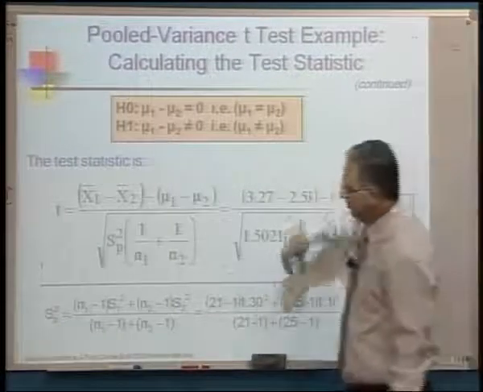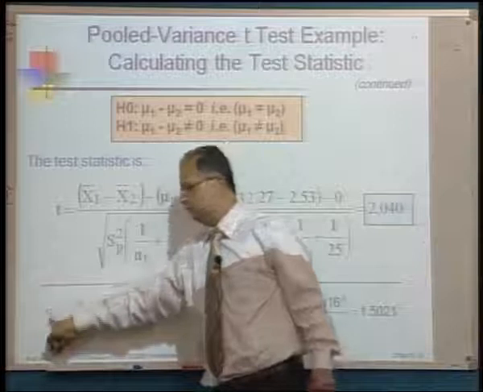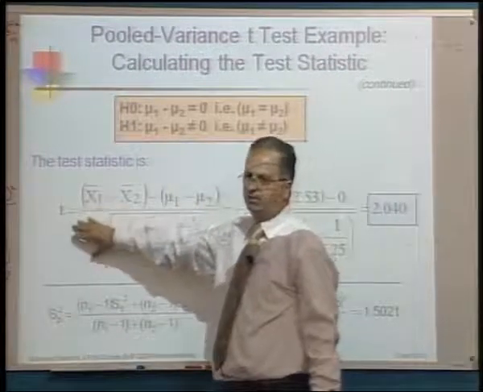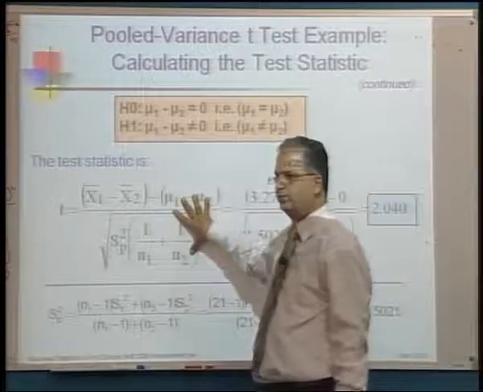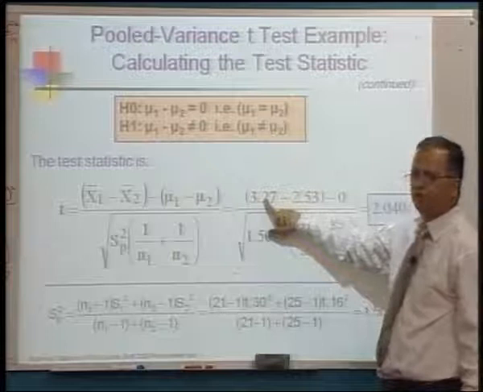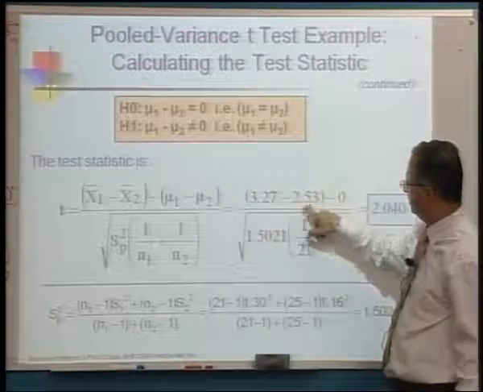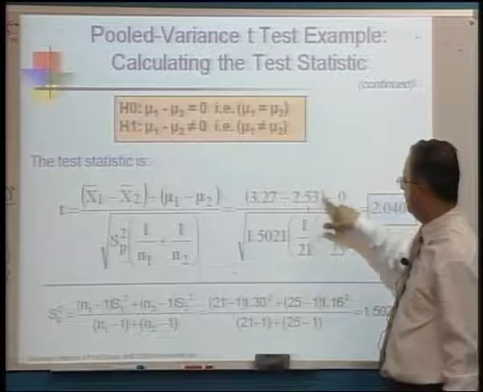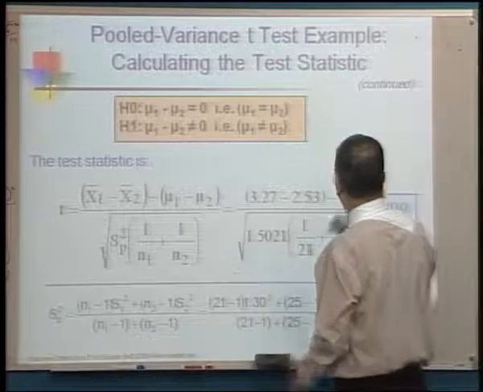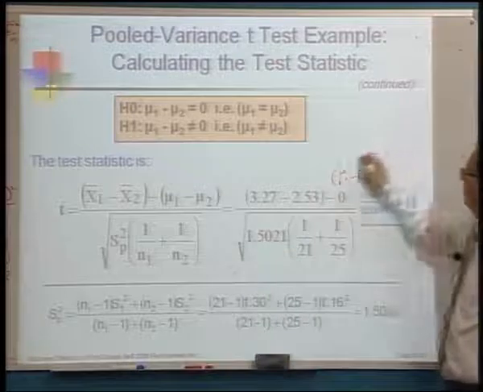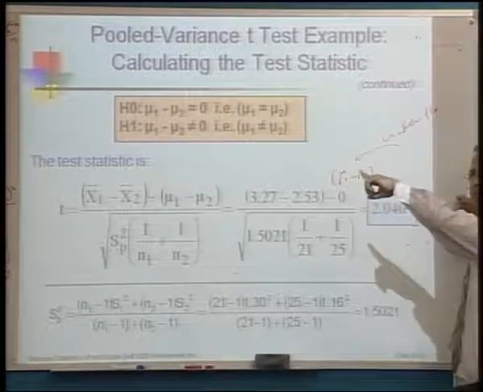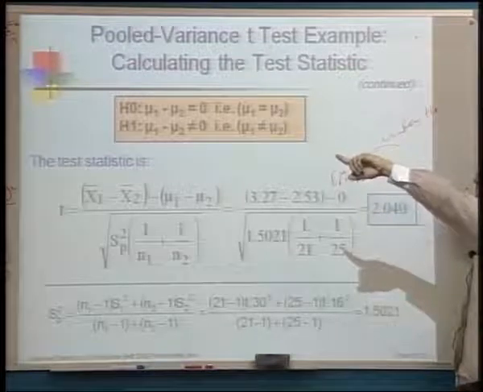Now, after computing s square p, easily you can compute the value of the test statistic by using this equation. Now, x1 bar minus x2 bar, x1 bar is 3.27, minus x2 bar is 2.53, minus here we should have mu1 minus mu2, now under H0, because the test statistic is computed only if H0 is true.